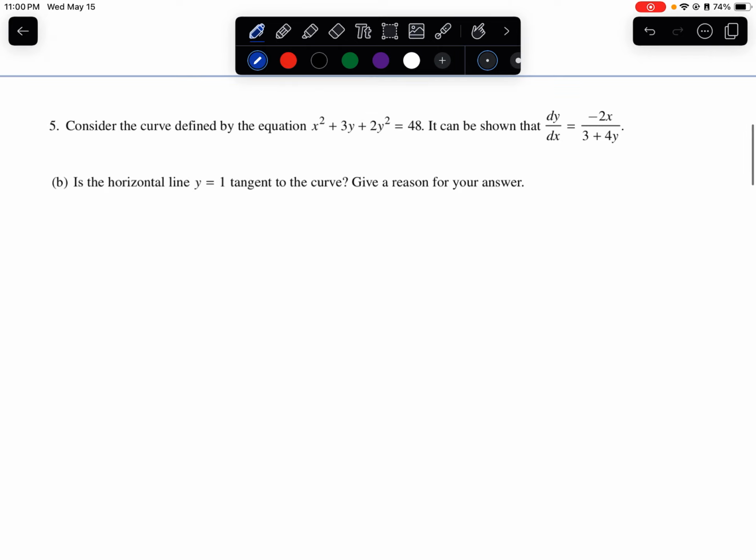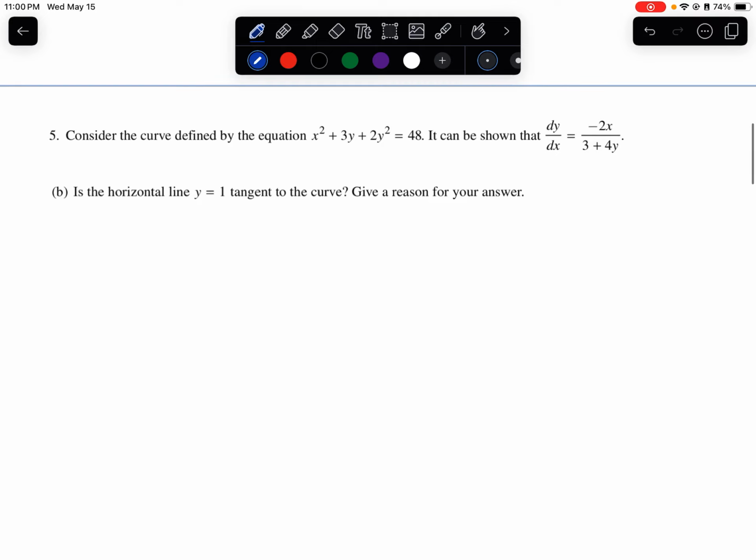There's probably a couple different ways you can look at this, but I'm going to try and think about it in the most calculus kind of way that you can. A horizontal tangent would be when dy/dx is equal to 0.